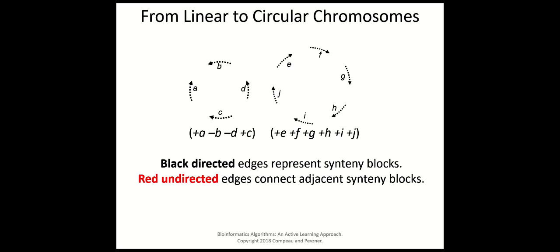Black directed edges represent synteny blocks, and we are going to define them in the next slide, while red undirected edges represent adjacent synteny blocks in the same chromosome.